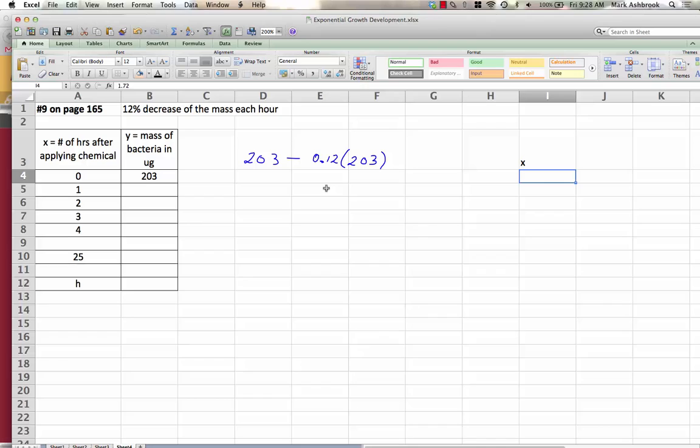So if I do the math here, factor out 203, I get 1 minus 0.12, which equals 0.88.